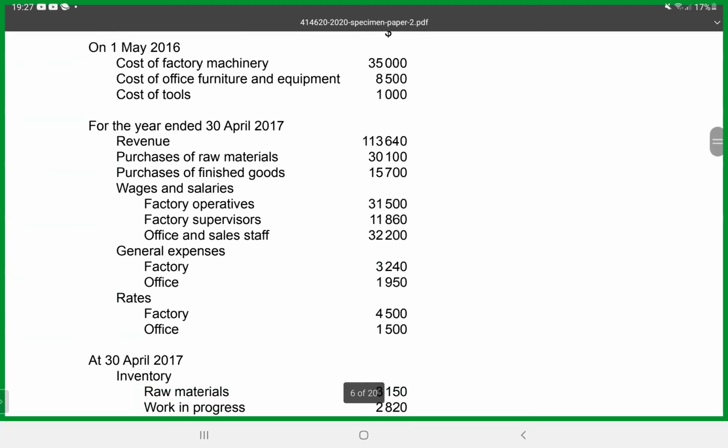When we say direct wages, we mean the wages that occurred in the factory, the wage whose labor is used in the factory. If you're paying for someone who is working in the factory, that wage is called a direct wage or direct salary.